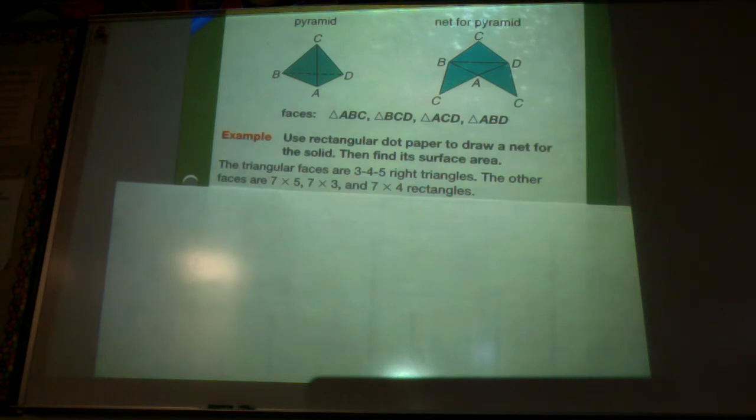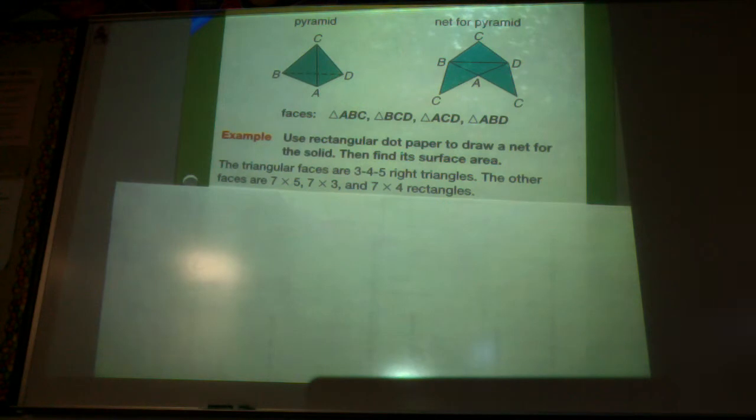When they ask for isometric graph paper, so this one says use rectangular dot paper, which is square dot paper, to draw a net for the solid. Then find the surface area.